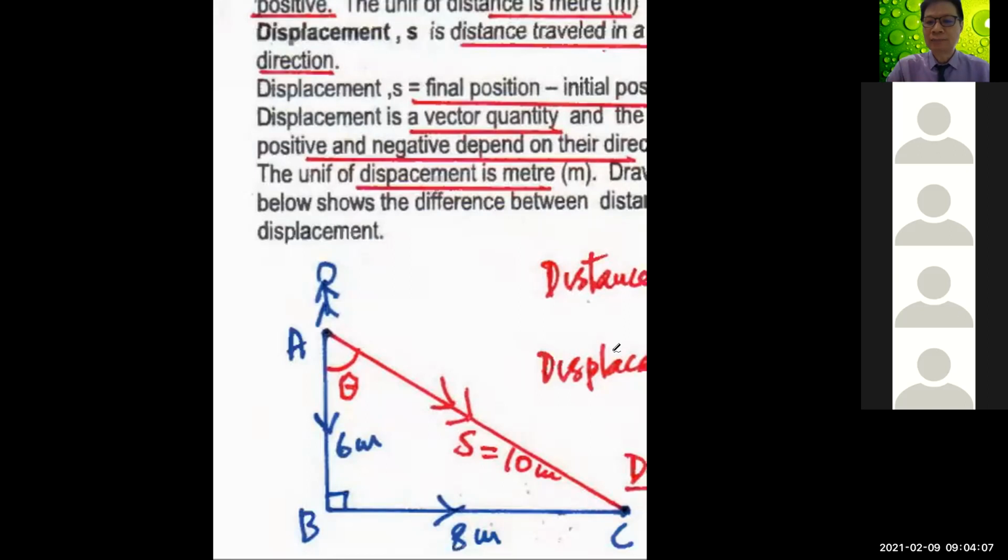Anyone got an answer? Distance is how much? Displacement is how much? And what is the direction? Direction also must be given.